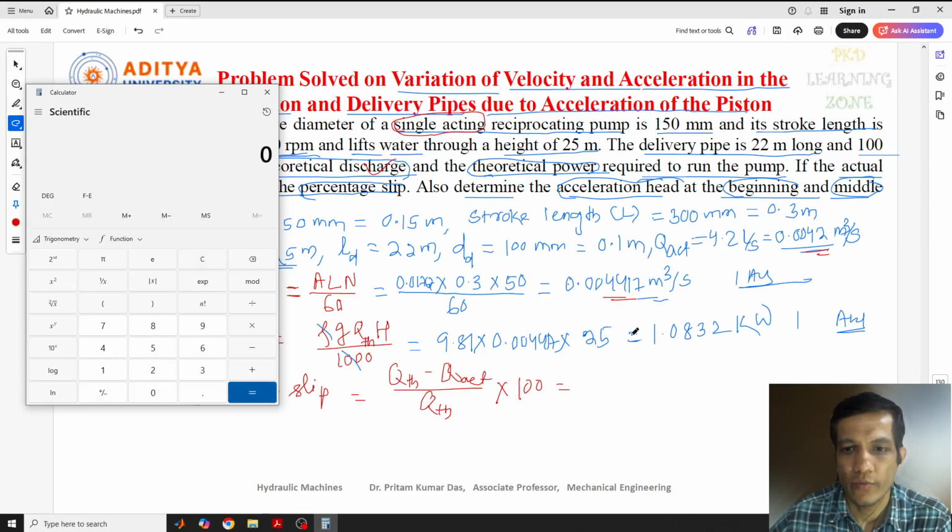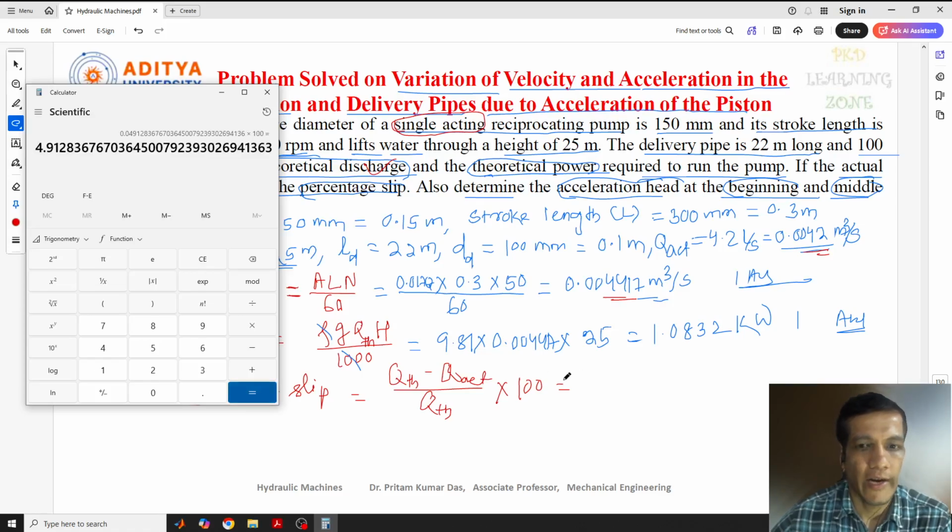Theoretical, how much? 0.004417 minus 0.0042, divided by 0.004417, and multiply 100.